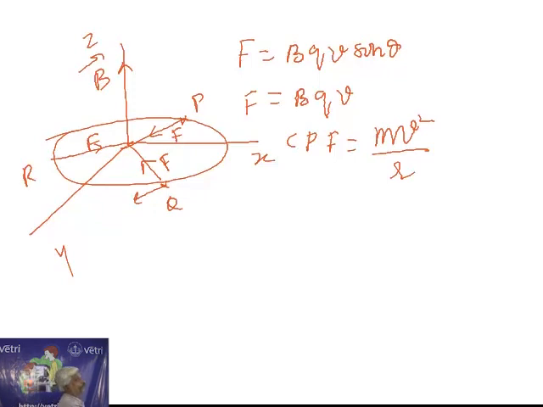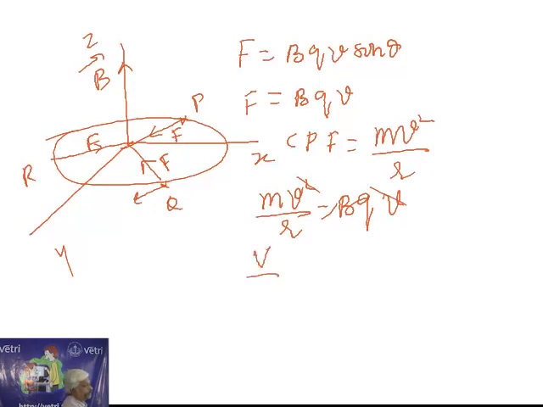Therefore both are the same. Therefore mv squared by r is equal to BQV. This v gets cancelled. Therefore, mv by r is equal to BQ, so v by r is equal to BQ by m. These steps you are supposed to know. We know the relation between the angular velocity and the linear velocity, v = r omega.